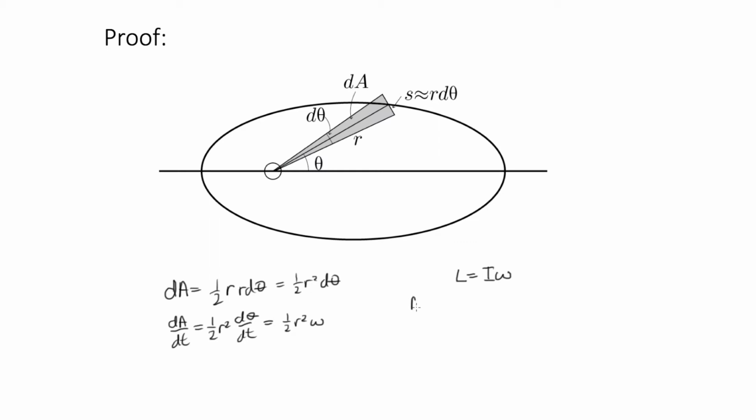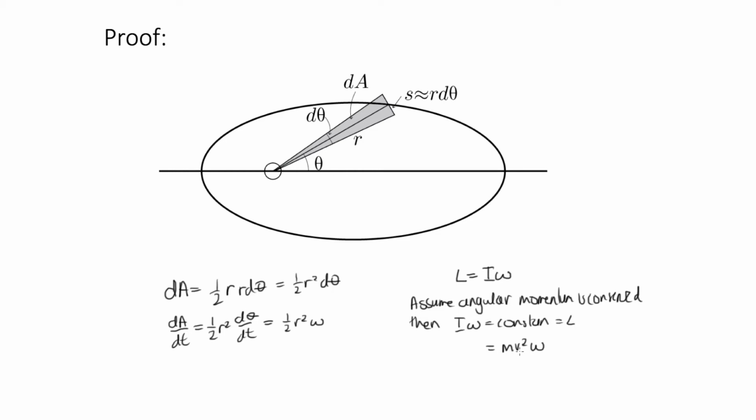So if we assume angular momentum is conserved, then I omega is equal to a constant, and we've just got a planet, a point mass moving here. So I is given by m r squared, so L equals m r squared omega. Rearranging this, we've got this is equal to L, our angular momentum.